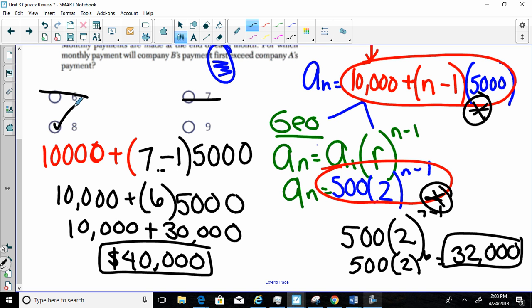Does anyone else need help with this? Second graph. You're typing it good, but this needs two stars. You guys need help?